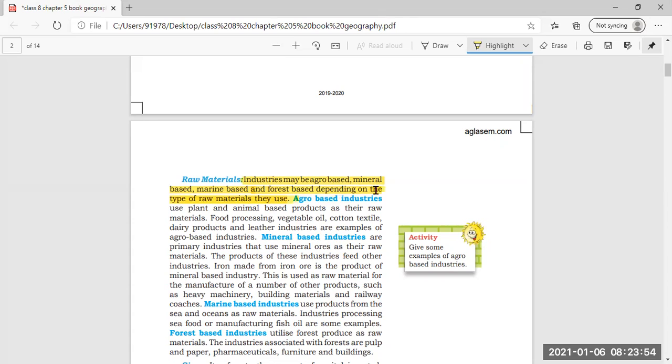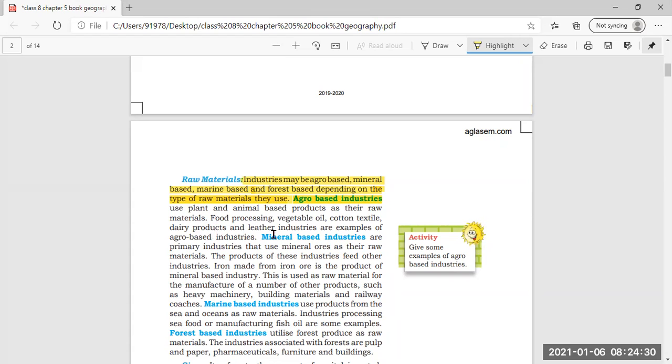Now first we take agro based industries. Agro based industries use plant and animal based products as their raw material. As the word agro means, agricultural based industries. These types of industries use plants and animals as their basis to produce the new product or the finished product. So the main base of the raw material is the agricultural produce, that is the plant and animal.